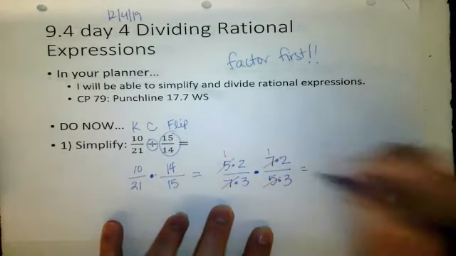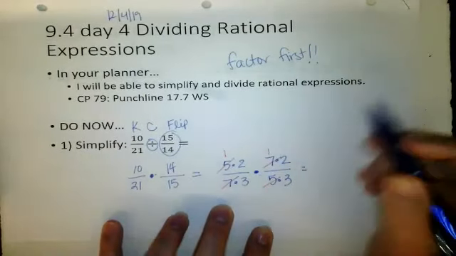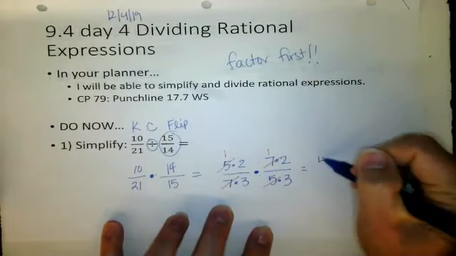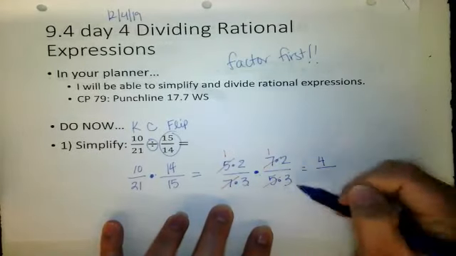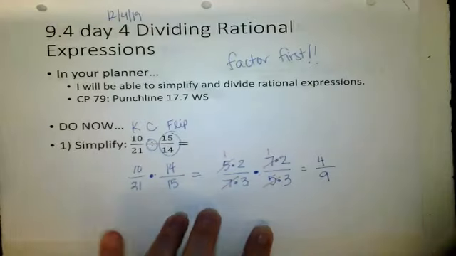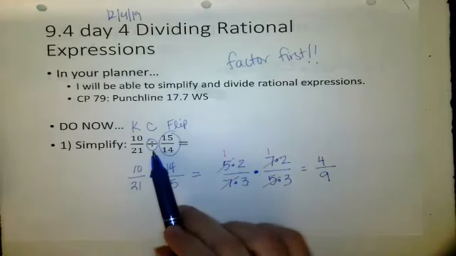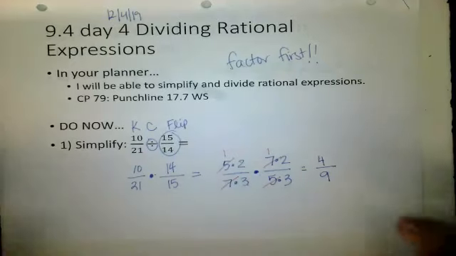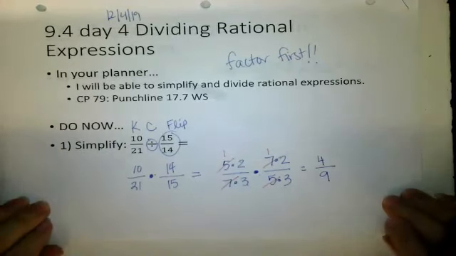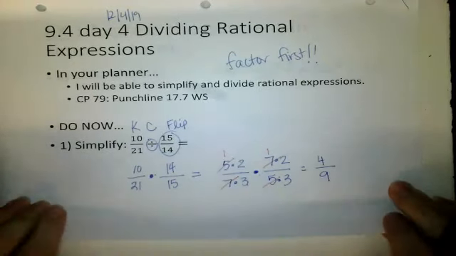And we have 2 times 2 is 4, and then 3 times 3 is 9 in the denominator. So same exact thing we did yesterday. It's just that the first thing we need to do is keep, change, flip. Nothing different going on today. More factoring.